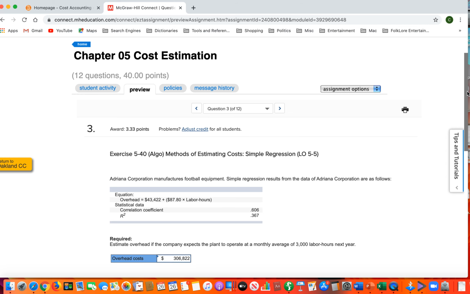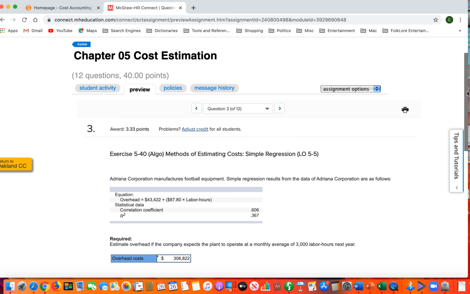So, y equals a plus bx. The a, in statistics, you call the constant or the fixed cost. Basically, it's constant, so it's a fixed cost.